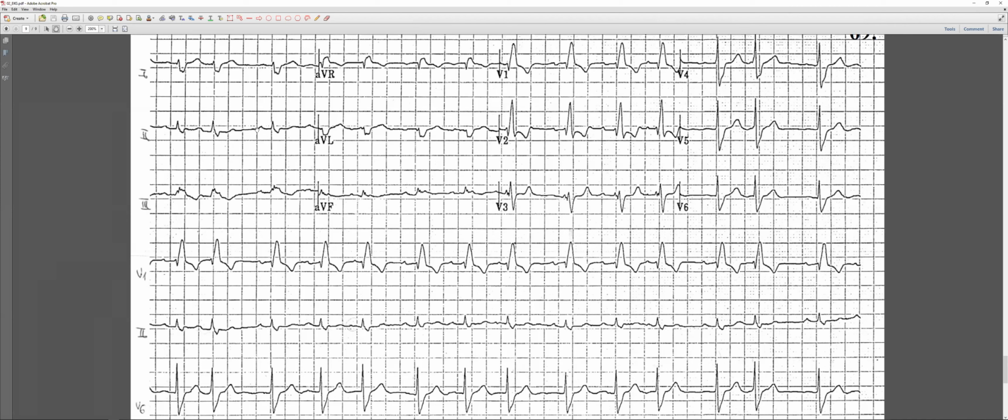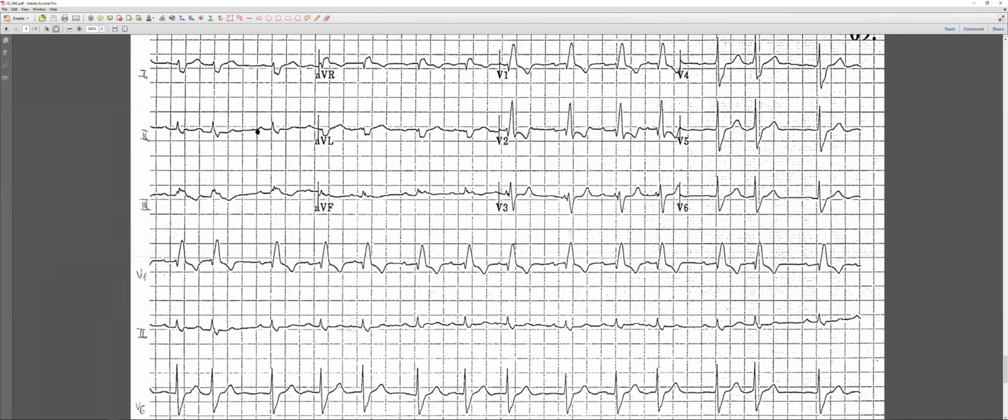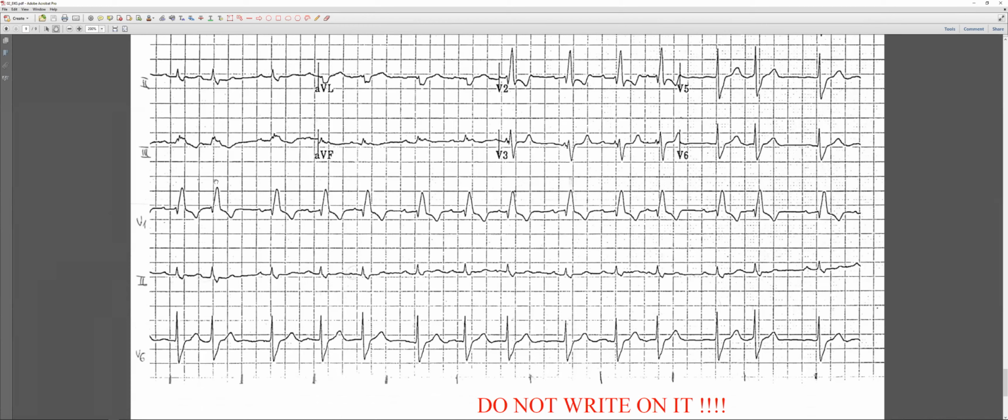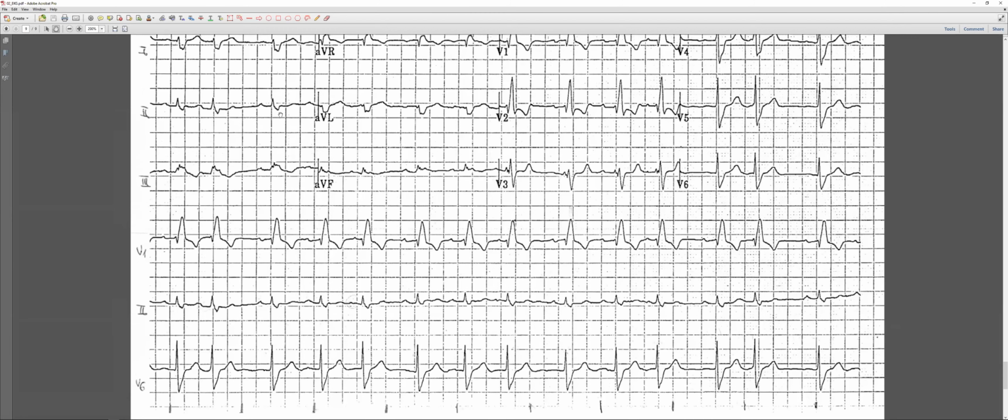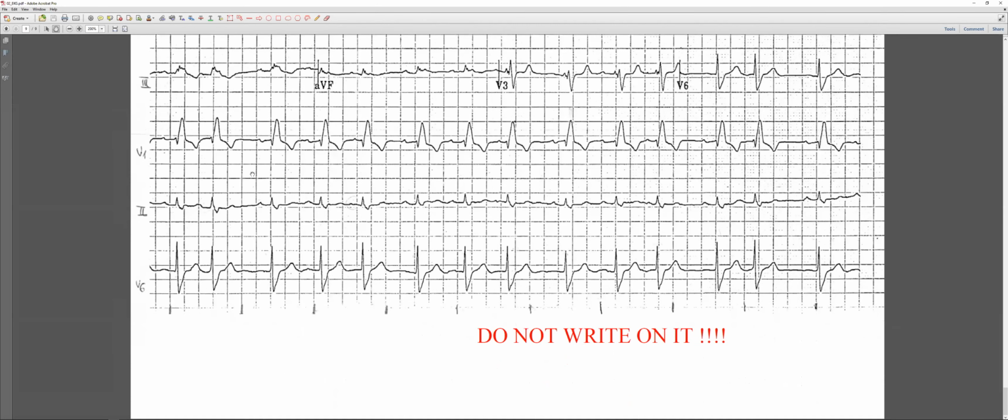What about the morphology? It's changing.